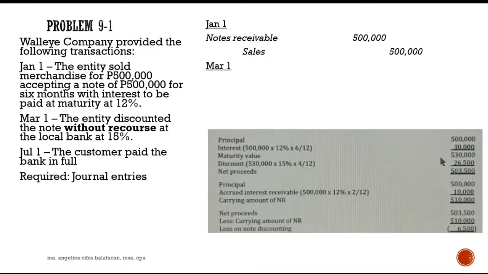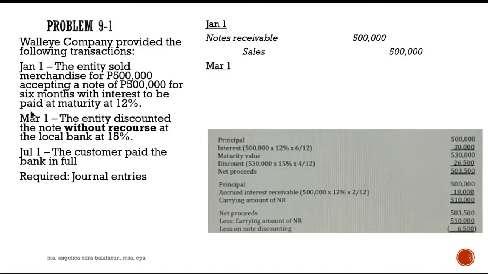The maturity value is the sum of the principal and interest, 530,000, and this amount is used to get the discount. So the discount is 530,000 times the discount rate of 15% times 4 over 12.